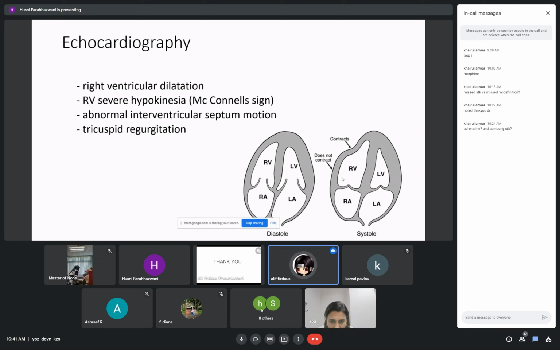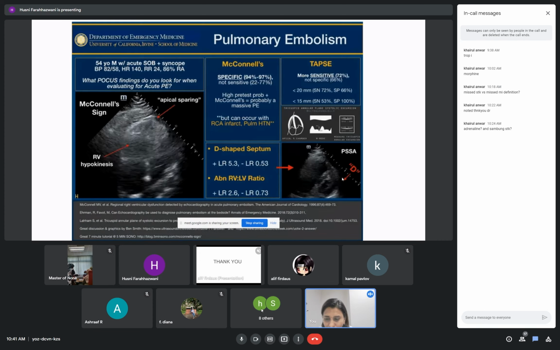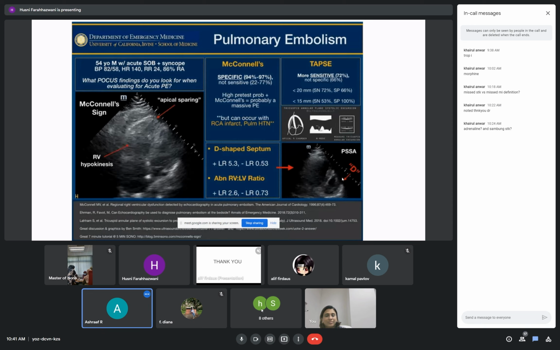Because the left ventricle is more on the anterior part, it has less involvement with the lungs. Wrong, dear. Who wants to ask? Ashraf? Yes, why? Why is the left side not affected?